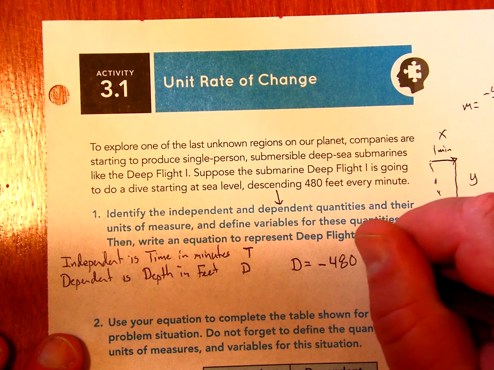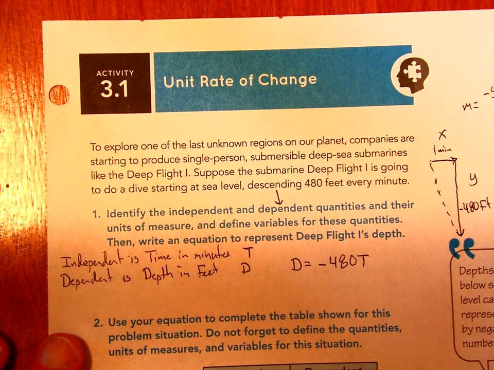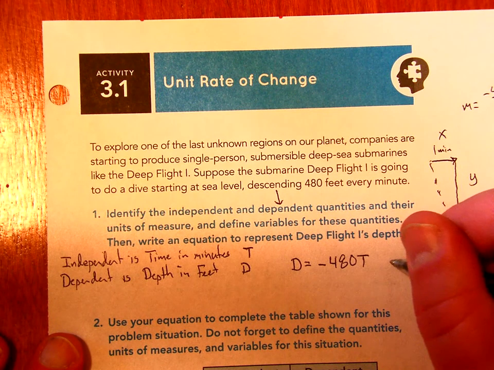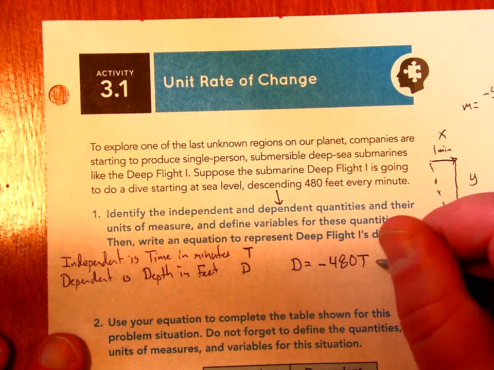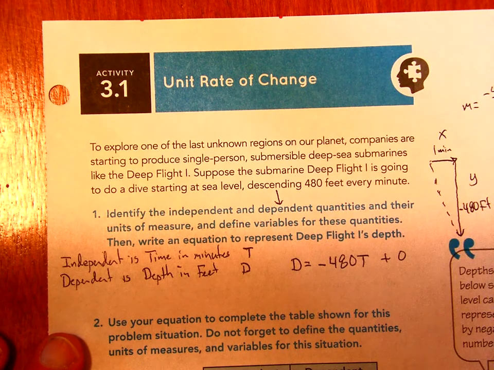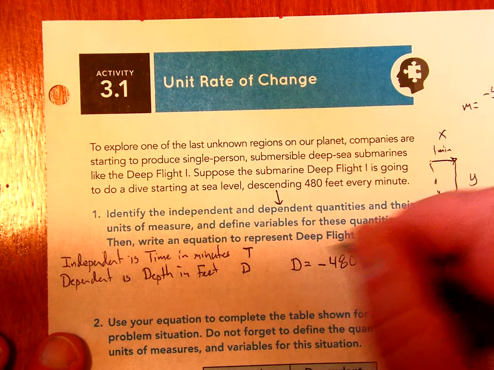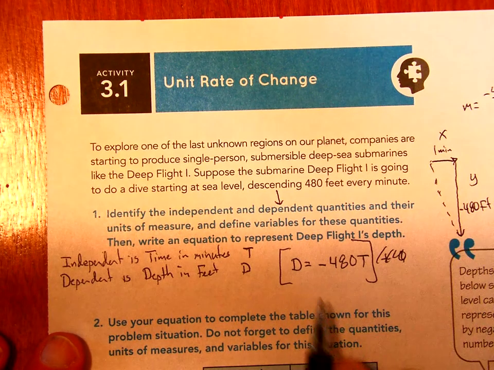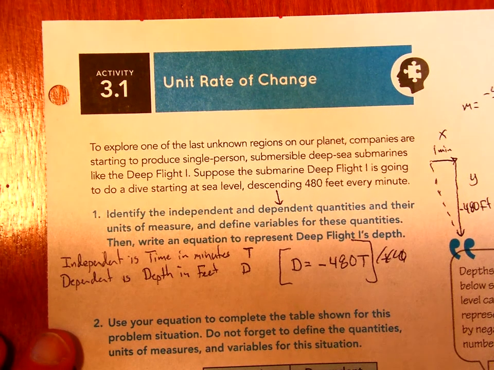So D, and it's starting at 0. When T is 0, when time is 0, this thing is at the surface. So this would be a plus 0. Plus 0 doesn't change anything. So I'm just going to write it like this. D equals negative 480T. This is going to be a proportion because it's going to form a straight line and it's going to pass through the origin.